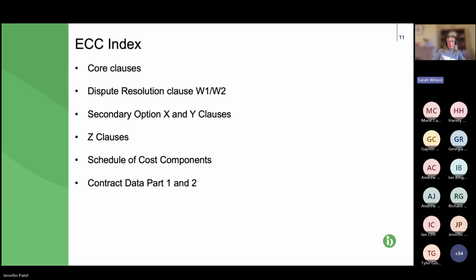Up until about 8-10 years ago, you would expect to get very few Z clauses in NEC, limited to things like legislation that the parties were to comply with. So, obvious legislation like the anti-bribery and corruption legislation, anti-slavery legislation.